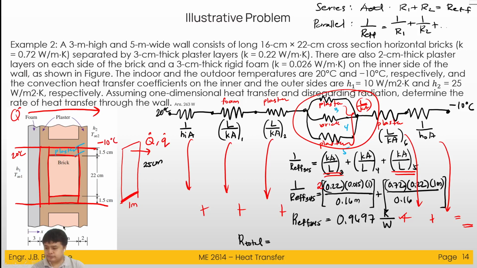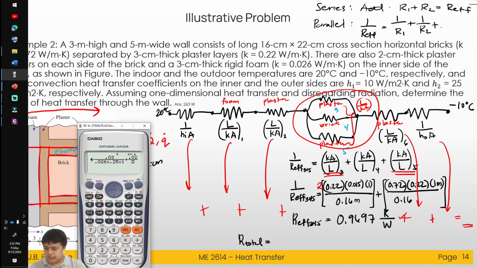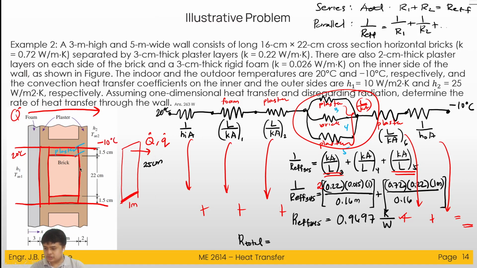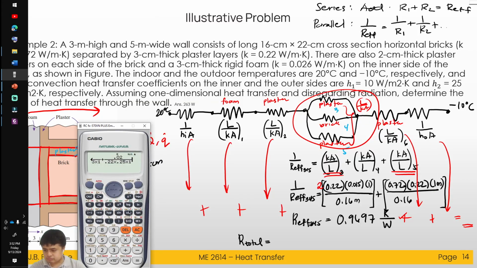This one is the plaster, and then over kA, so 0.22 times 0.25 as well times 1. Since we have two plasters, you can multiply this by 2. So this is the first plaster and this is the second plaster.